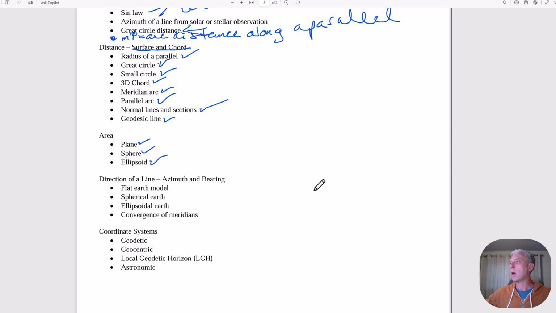Okay. Direction of a line, azimuth and bearing. So we have a flat Earth model or plane, like on a map. So we call that grid azimuth or grid bearing. We have a spherical Earth model. We calculated azimuth on that. And that's where we use sine and cosine laws, right?